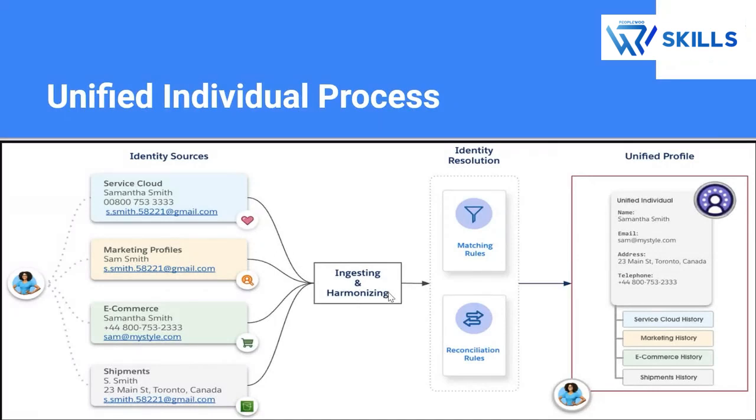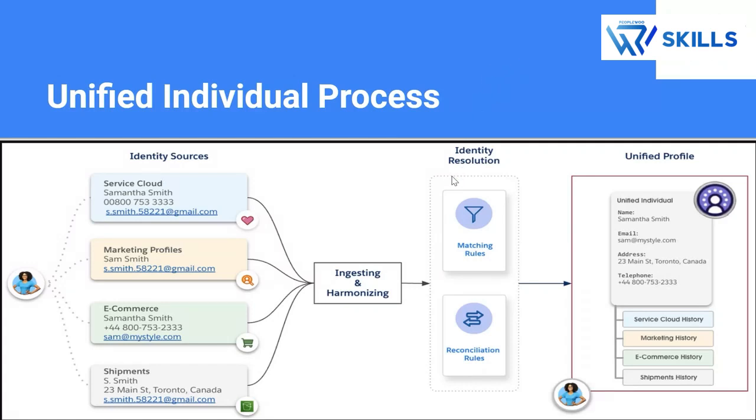We first map to the individual object and then we wrote an identity resolution rule. Inside the identity resolution rule, we considered the individual object and wrote a rule like fuzzy name and normalized email, which was a default rule provided by Salesforce to unify the customer profiles into a single unified profile.